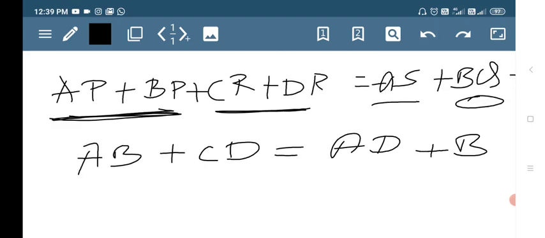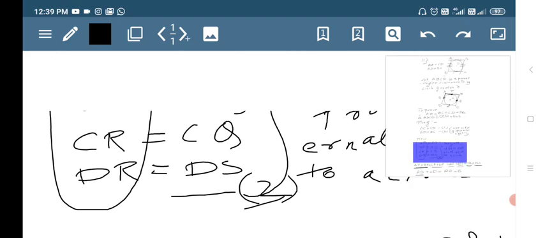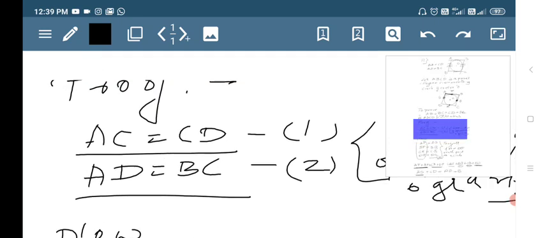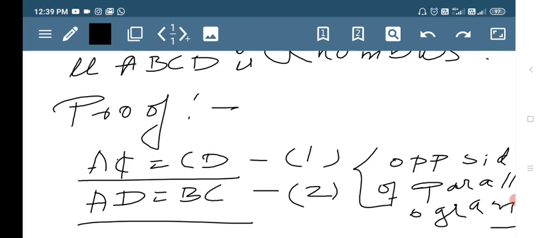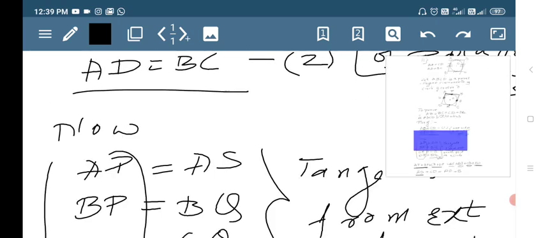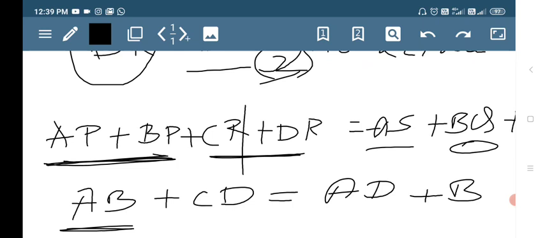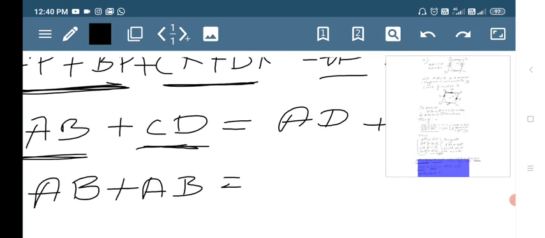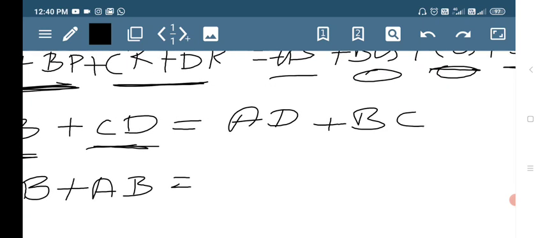So already we know that AB is equal to what from equation 1 and 2. AB is equal to CD and AD is equal to BC. Sorry, I have written here, I should write AB. So from the figure we know that AB is equal to CD. So instead of CD I will replace this with AB itself, and AD is equal to BC.